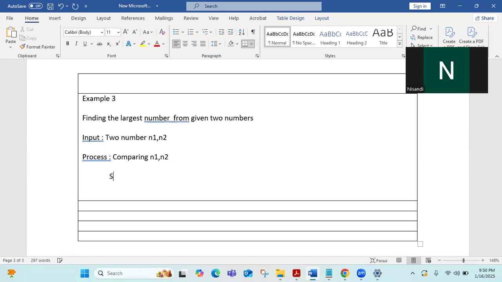Then the first solution. Now we have alternative solutions. Solution 1, what can you do?